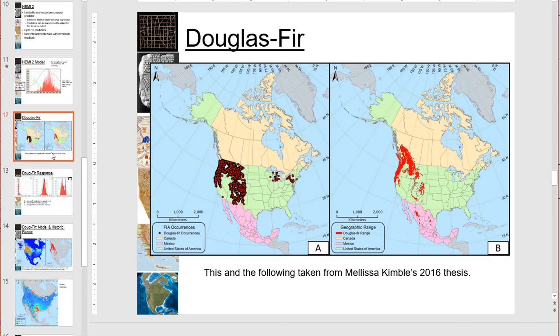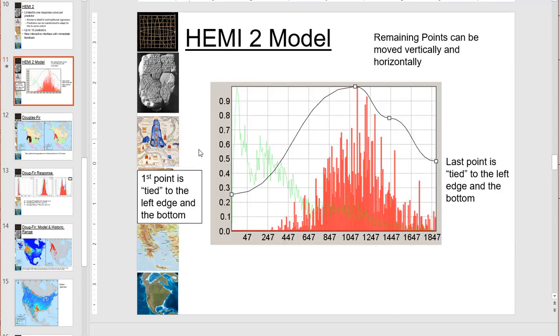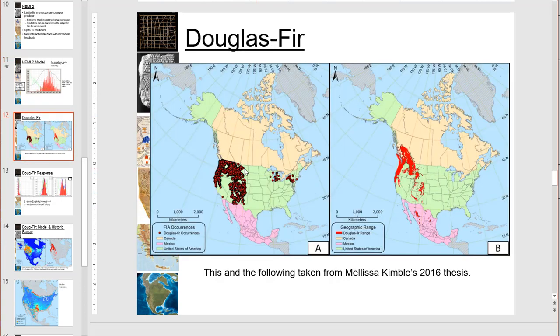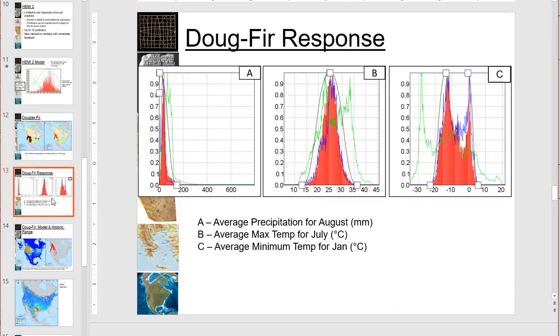This was used by one of my graduate students, Melissa Kimball, in her thesis to show a couple of things. One is that because you can modify the control points, you can actually grab these points and move them or automatically fit them. She was able to show Doug Fir and a couple other species, she was able to modify the response curves beyond the range of the data that she had, and instead show it in other areas where we knew it existed but didn't have data for it.